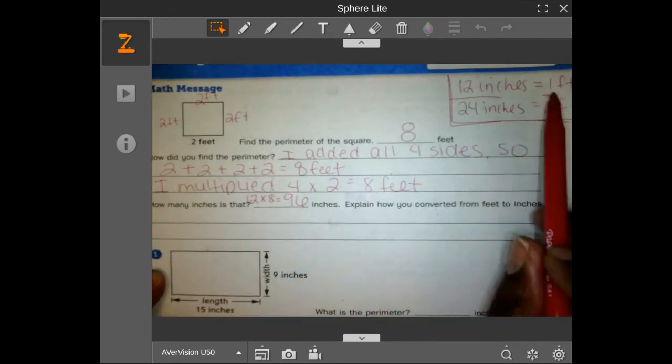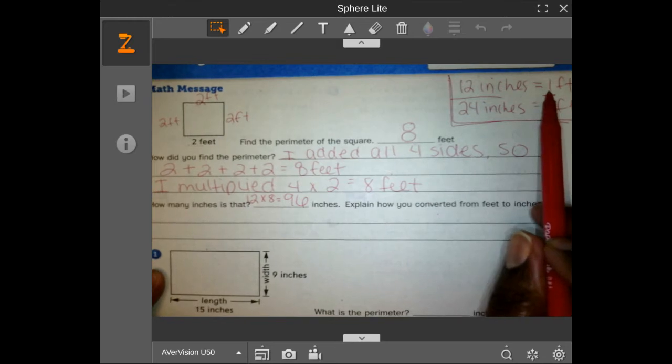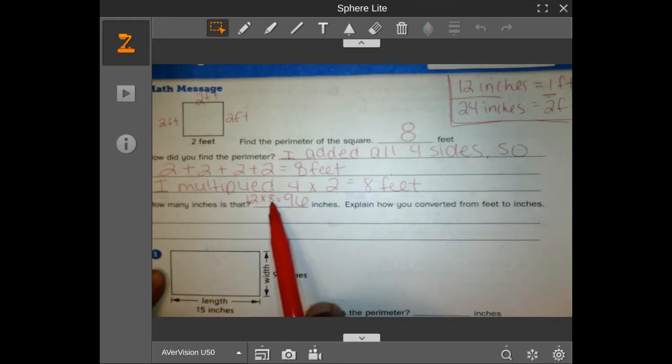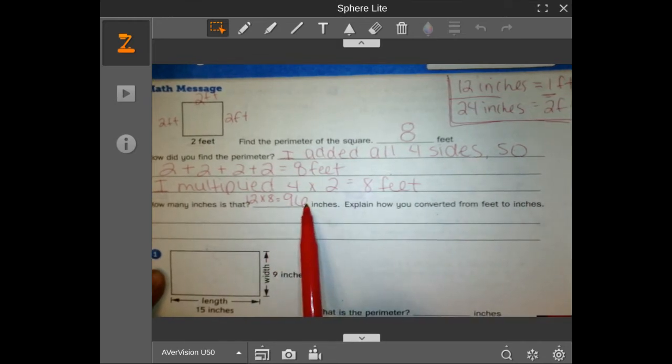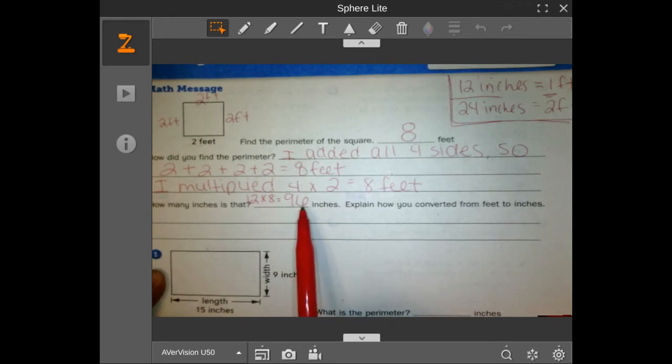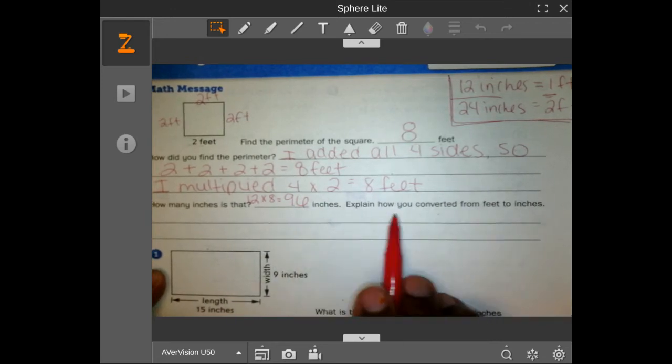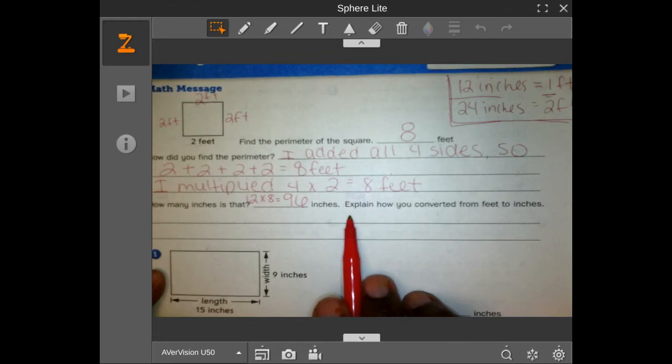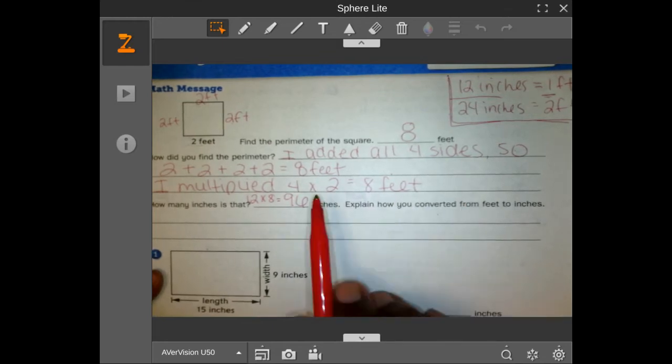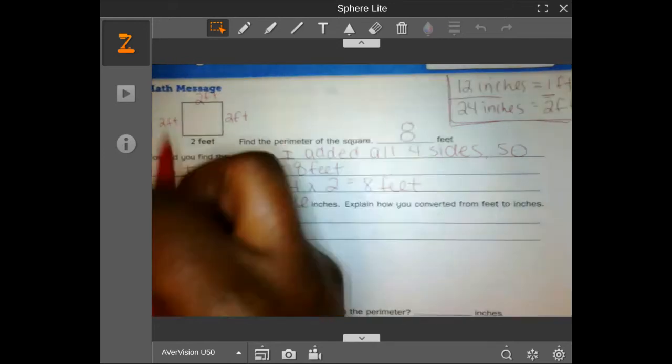There are 12 inches in 1 foot, and I'm trying to determine how many inches are in 8 feet. So I multiplied 12 times 8. And I'm going to explain that. I want you to explain how you converted 8 feet to 96 inches. We're going to explain that here.